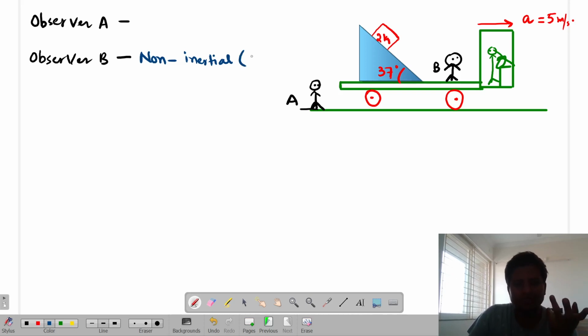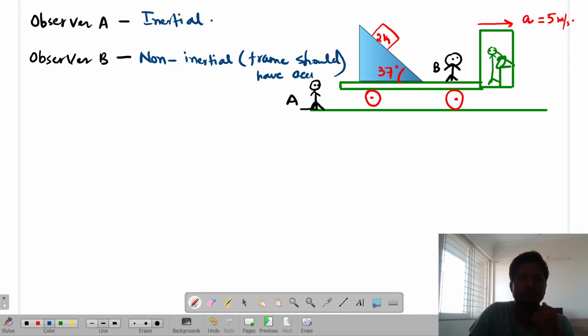Basically, for non-inertial, the frame should have an acceleration. Is that clear? Observer A is inertial because it is at rest. The frame is at rest for it, isn't it?